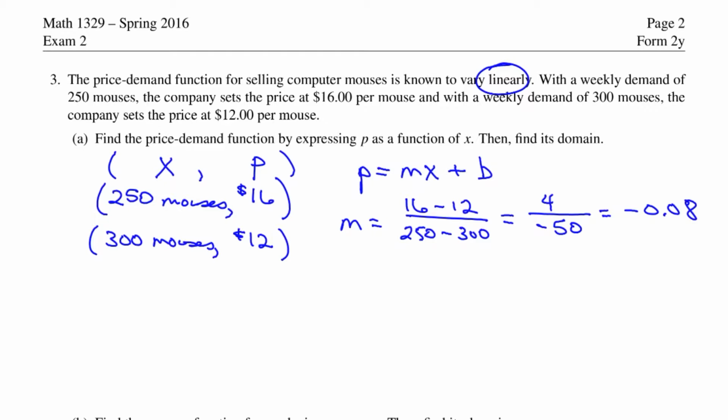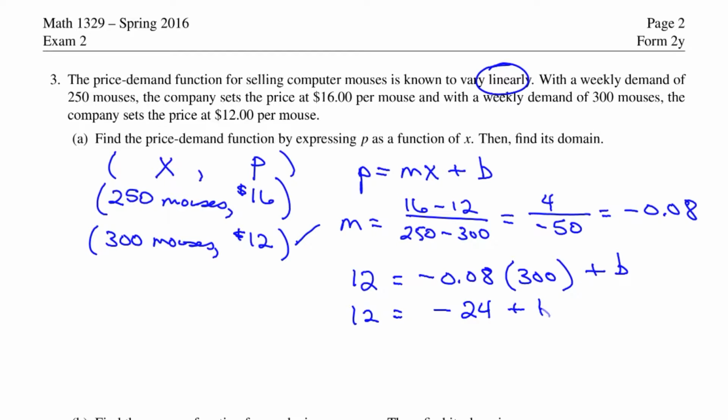Next we need to find the b. So I'll just pick one of these points. I'll pick the second one. So the price of $12, the slope of negative 0.08 times 300 mouses plus b. So that's 12 is equal to negative 24 plus b.